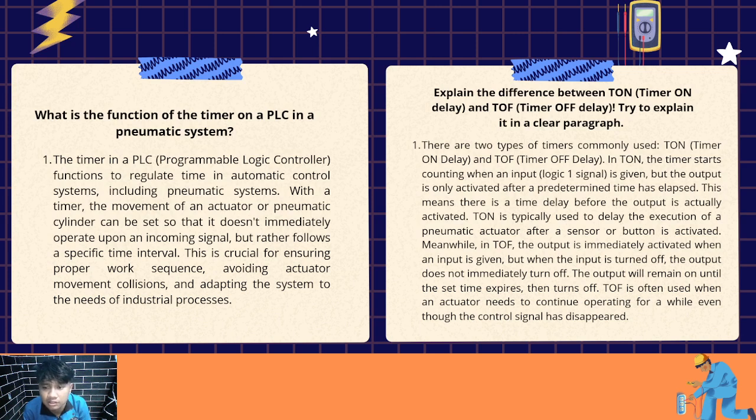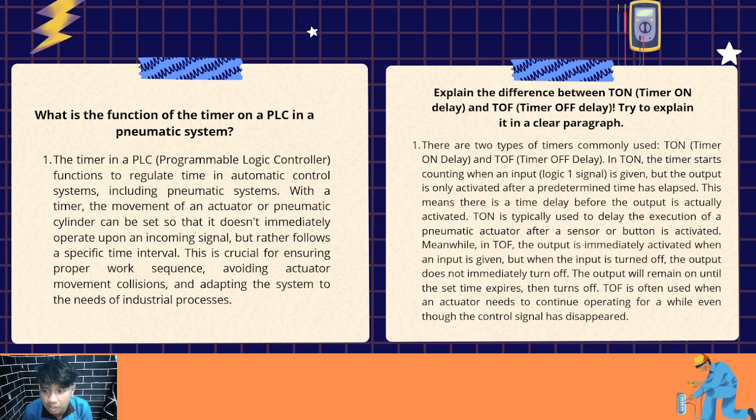TON is typically used to delay the execution of a pneumatic actuator after a sensor or button is activated manually. In TOF, the output is immediately activated when an input is given, but when the input is turned off, the output does not immediately turn off.